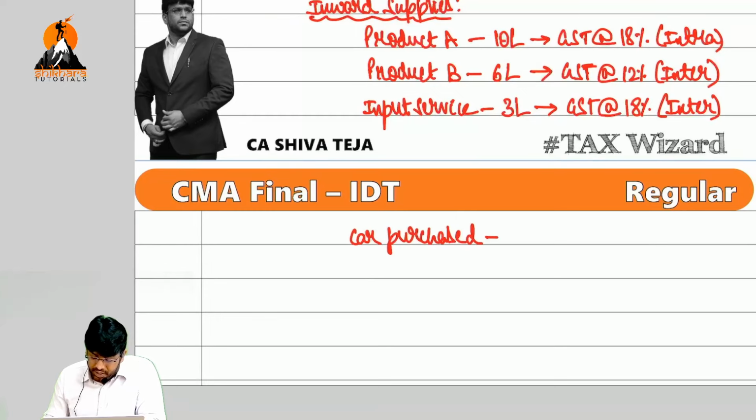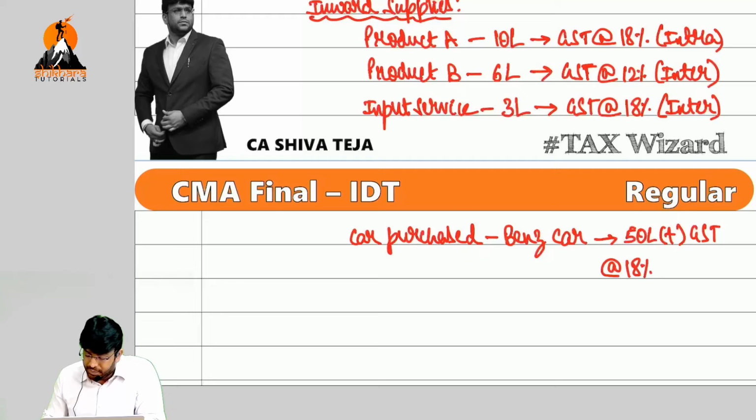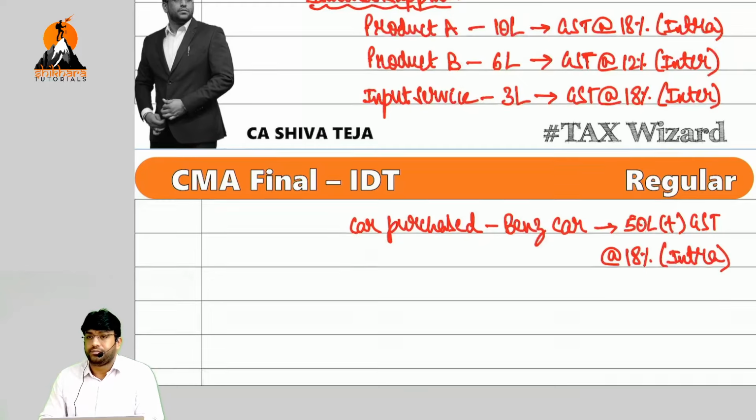Car purchased, Benz car, 50 lakh, GST at 18%, intra.